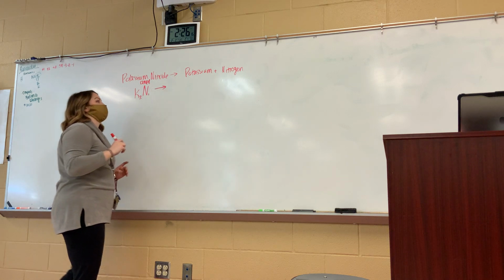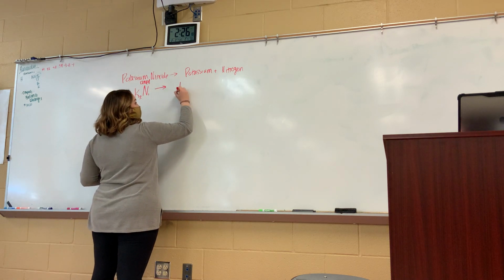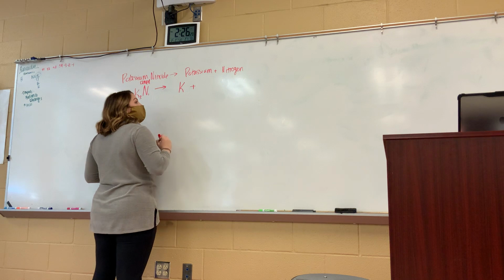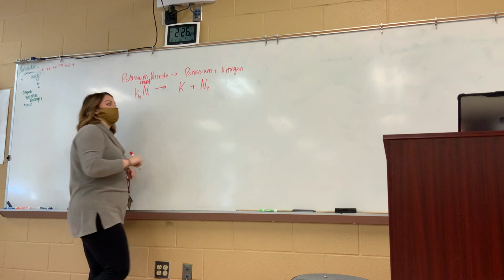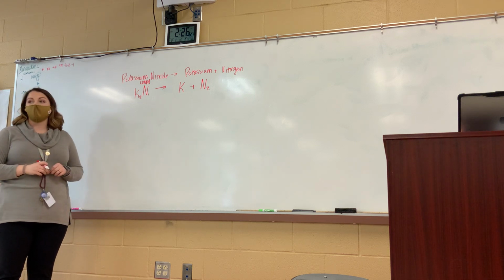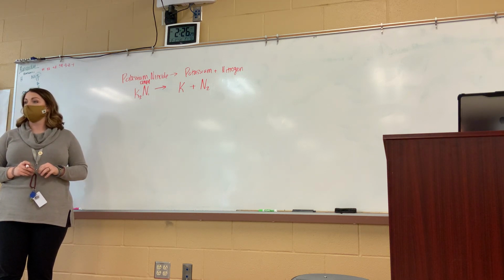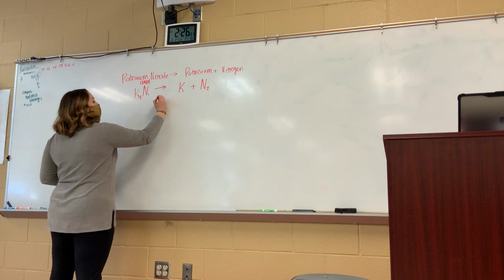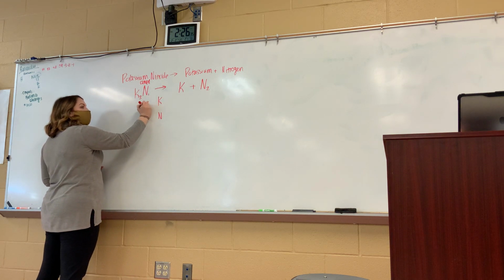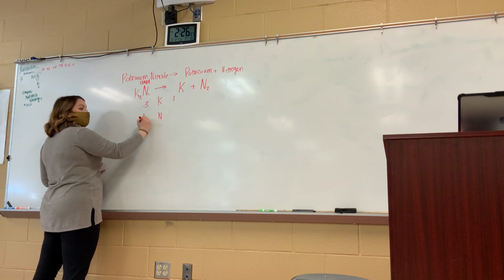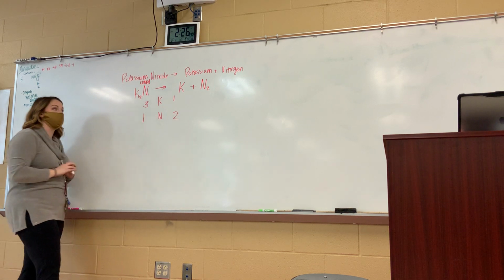Yield, potassium plus is just potassium, so it's just K. Nitrogen, what's nitrogen? Diatomic. And 2, yes, diatomic. Okay, so we have built it, now we balance it. So I'm going to start with K, end with N. So I have 3 Ks, 1 K, 1 nitrogen, 2 nitrogens.